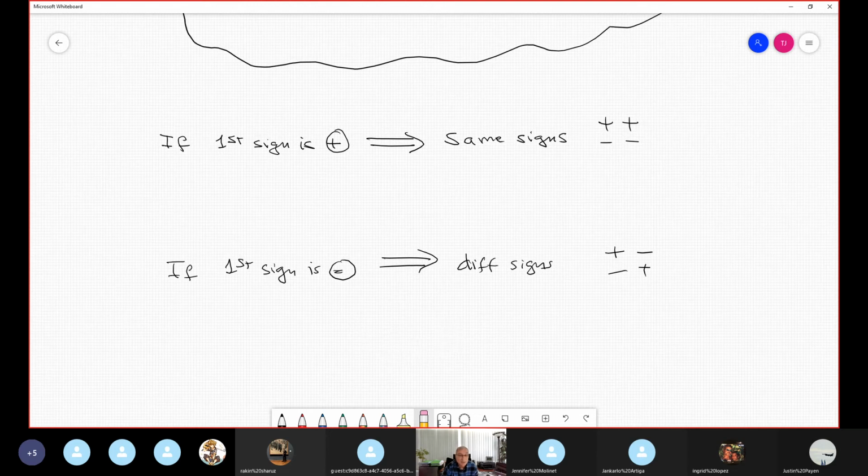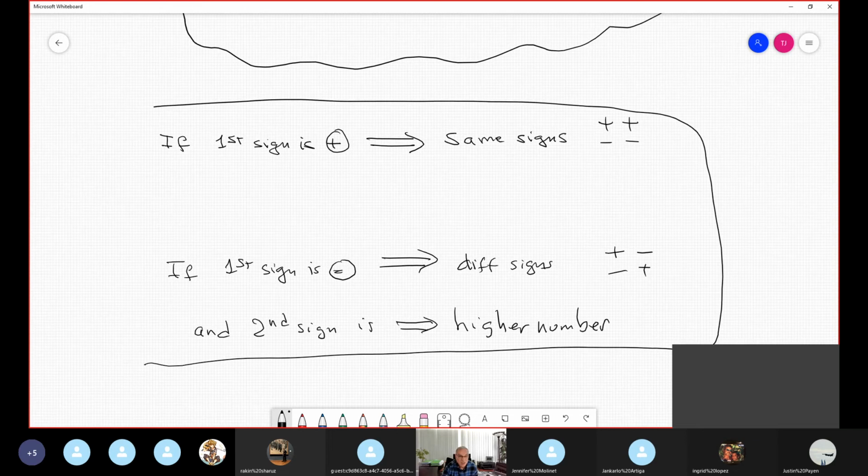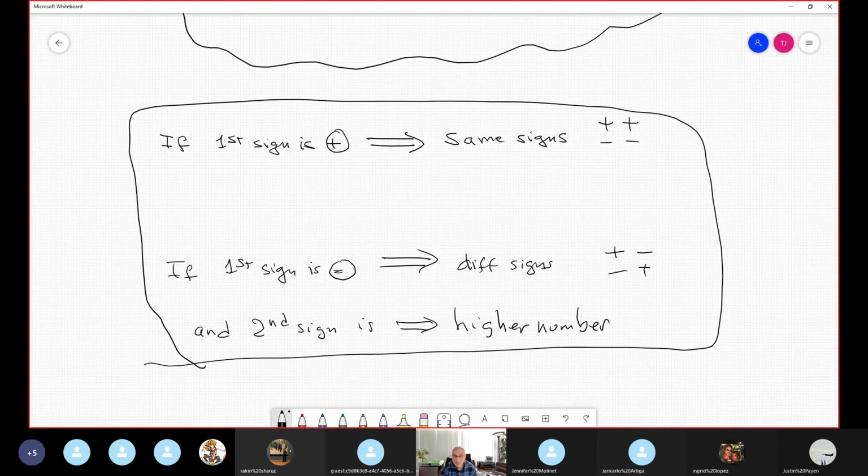Complement it with this idea: the second sign is associated directly with the higher number. Okay, and this is the formula, guys.